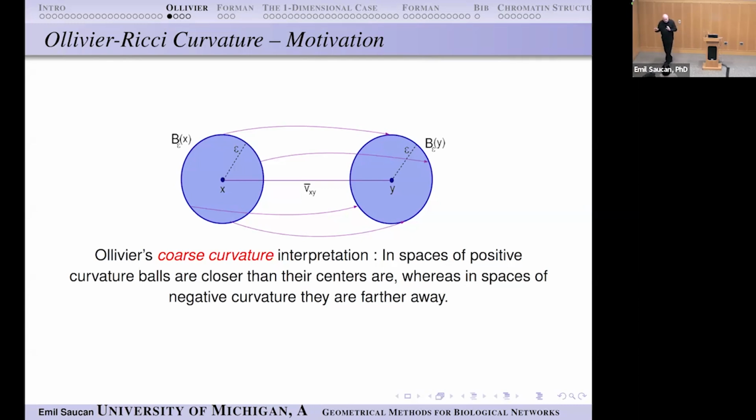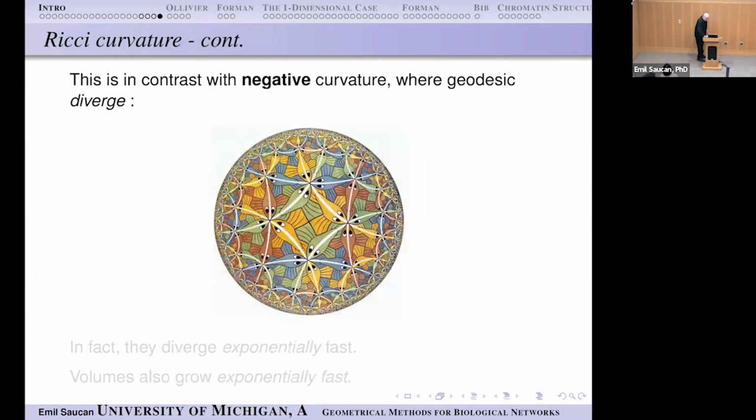It seems very cool, and it starts from an observation that in the plane, the points of the circles are as far away on average as the centers. But on the sphere, they are closer, and on the hyperbolic plane, they are farther away. If you want, I'll go back to the sphere. Sorry.